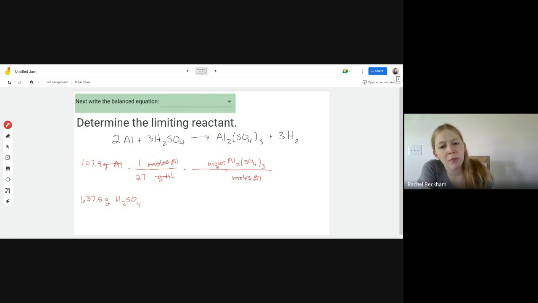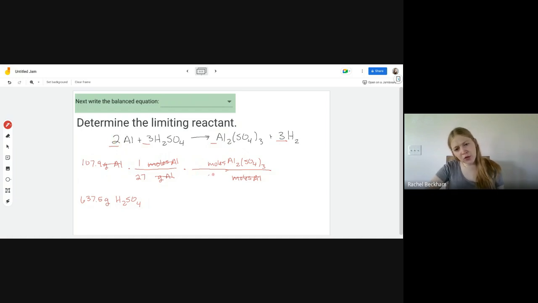We need now the mole to mole ratio. This is not molar mass anymore. Molar mass is how many grams are in a mole. This is called a mole to mole ratio. We always get this step from the coefficients in the equation. Okay. So with the Al, you see how there's a number 2 right here?